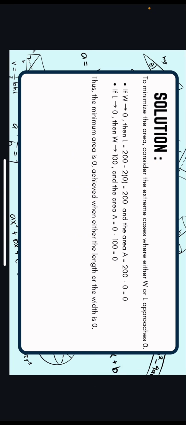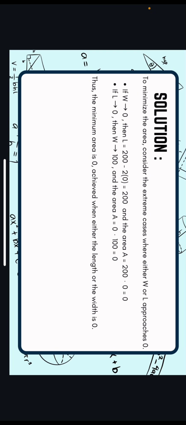So to minimize the area, consider the extreme cases where either W or L approaches 0. If W approaches 0, then L equals 200 minus 2 times 0 equals 200, and the area A equals 200 times 0 equals 0.